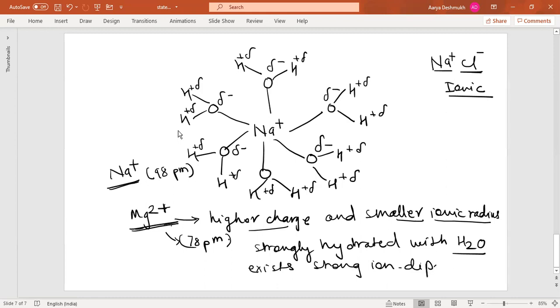As the charge on the cation goes on increasing, the ion-dipole interaction will also go on increasing. I tried to explain it by taking two cations, sodium and magnesium. Now the remaining intermolecular forces, like induced dipole interaction, hydrogen bonding, and van der Waals forces or London dispersion forces, we will see in the next lecture.